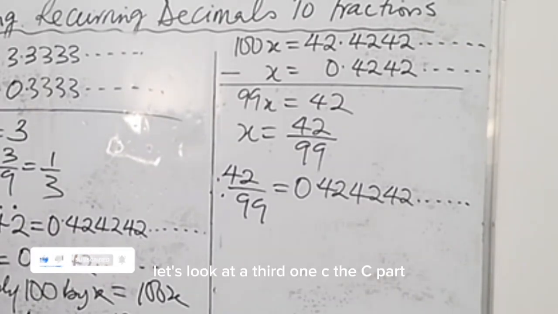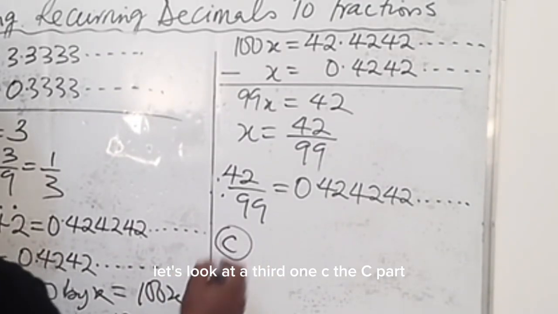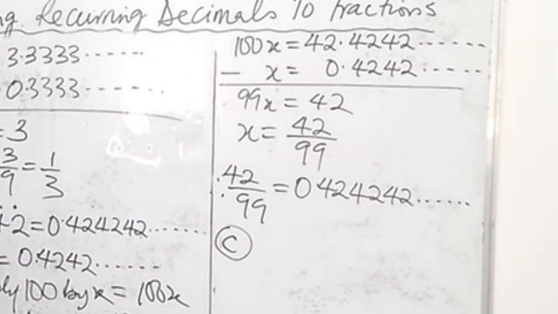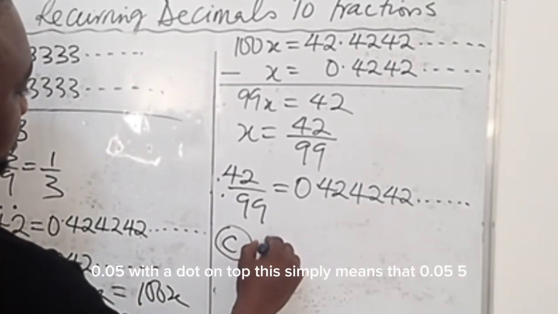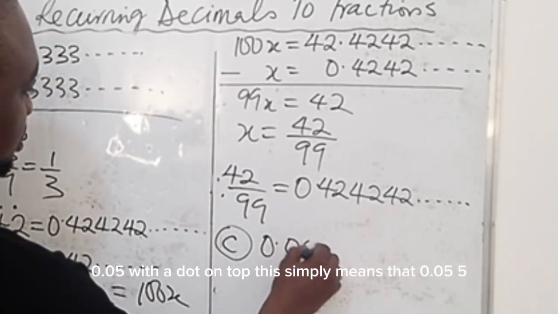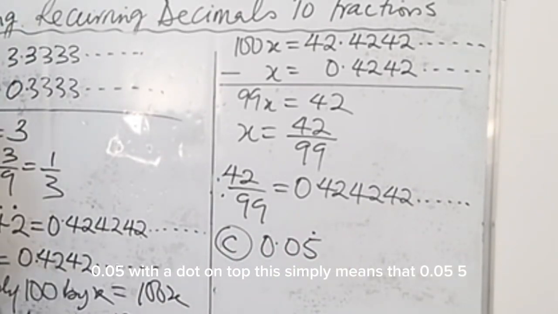Let's look at a third one, the C part. We're talking about 0.05 with a dot on top.